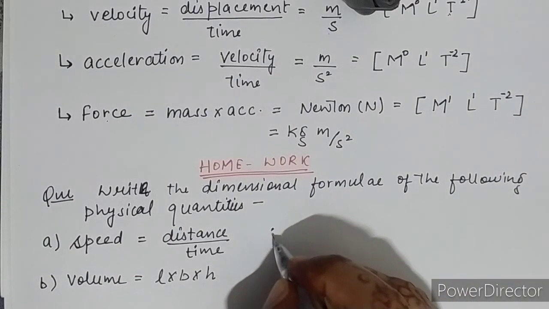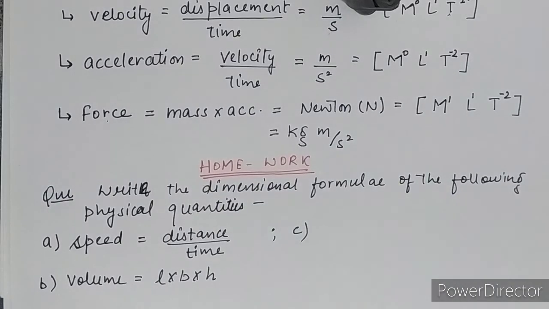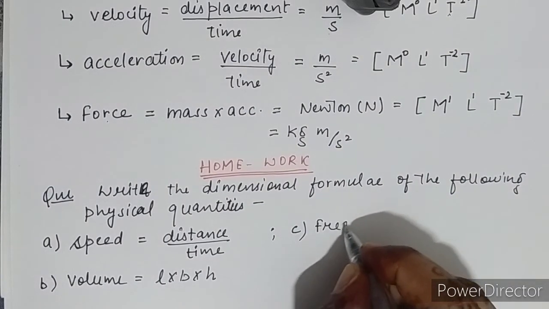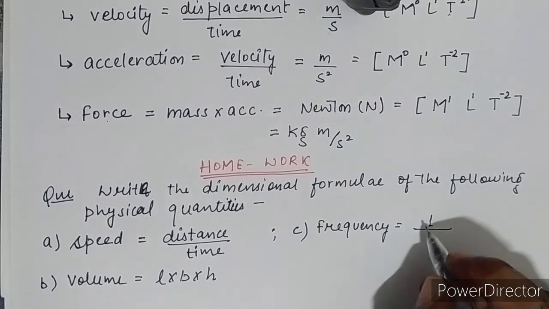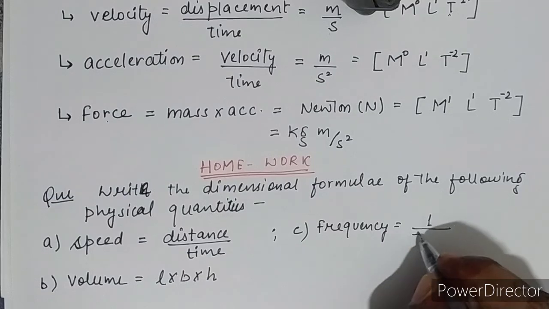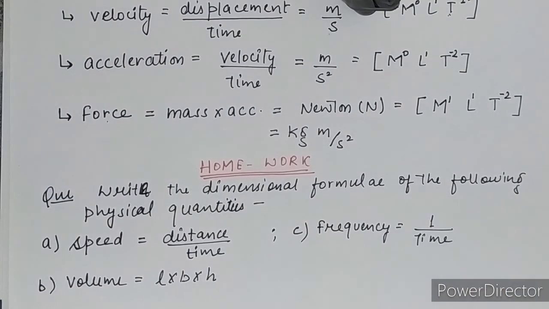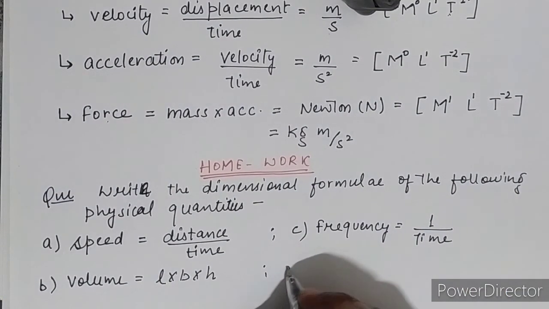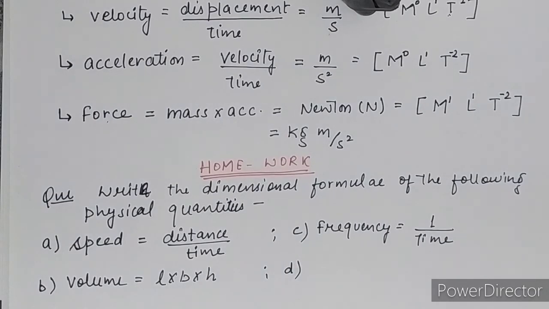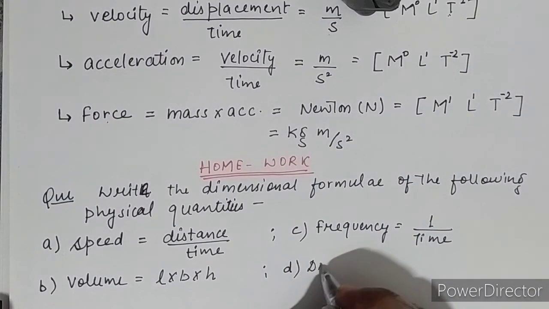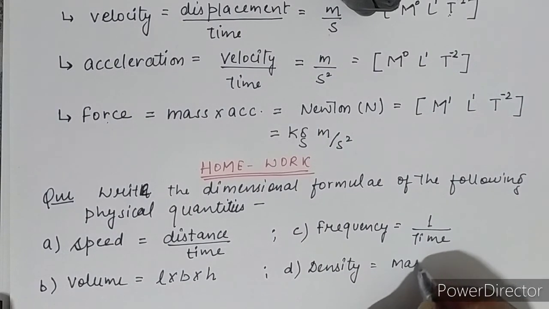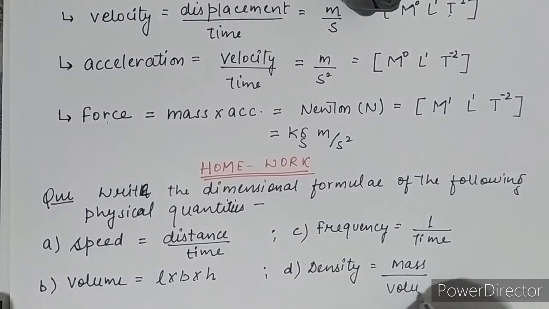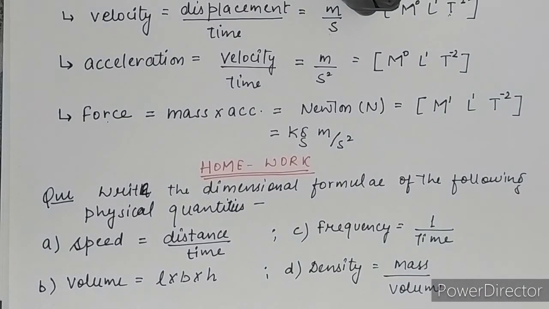Third is frequency. Frequency equals 1 upon the number of oscillations, so 1 upon time. Fourth is density. Density is mass upon volume. So these 4 formulas you have to calculate and write down.